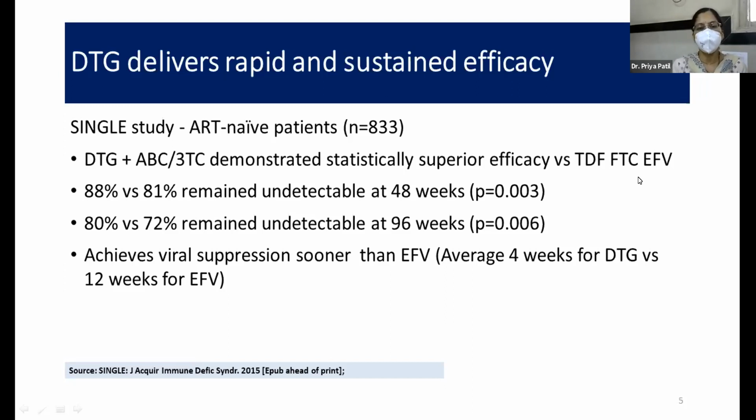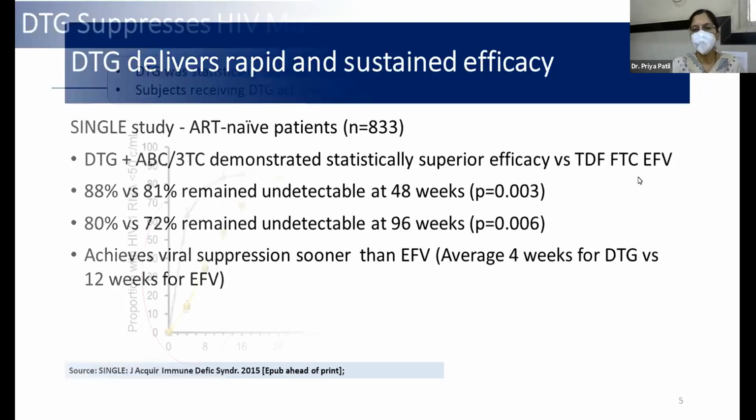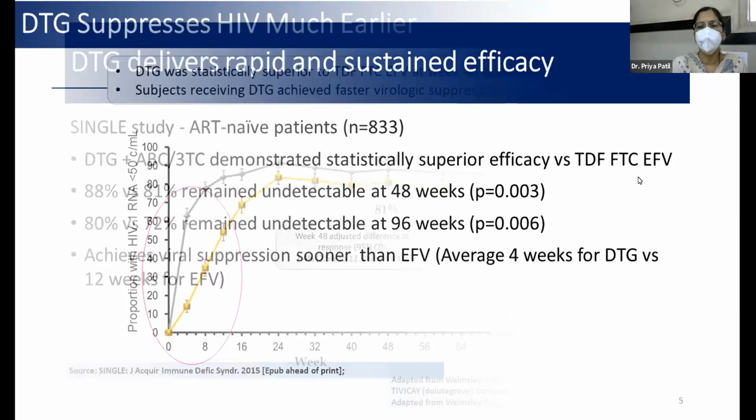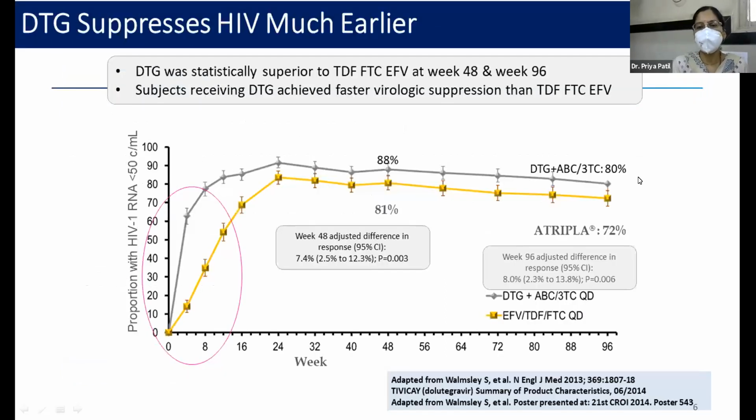Again, there is a faster viral suppression as compared to efavirenz, on average 4 weeks for dolutegravir compared to 12 weeks for efavirenz. So you can see in this graph, when we compare, the lower graph shows the regimen of PEE versus the upper graph which shows the regimen of abacavir lamivudine DTG, and you can see that 88% versus 81%.